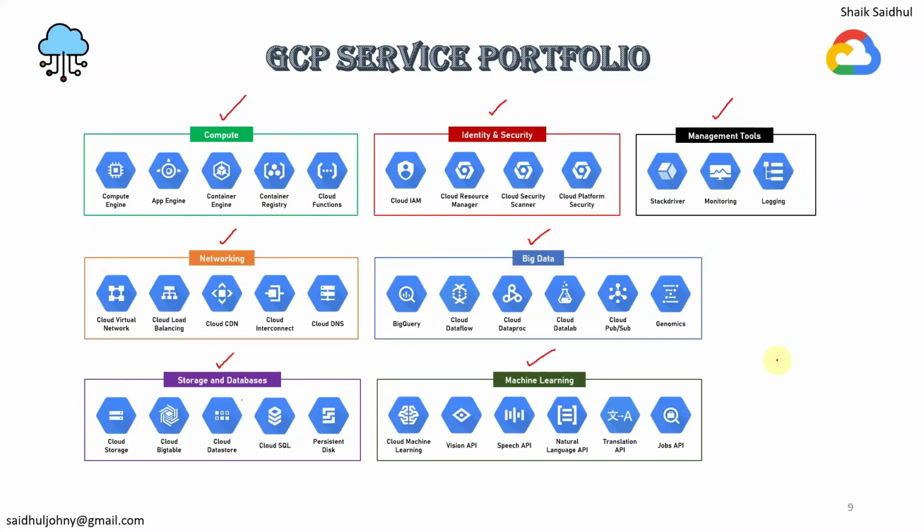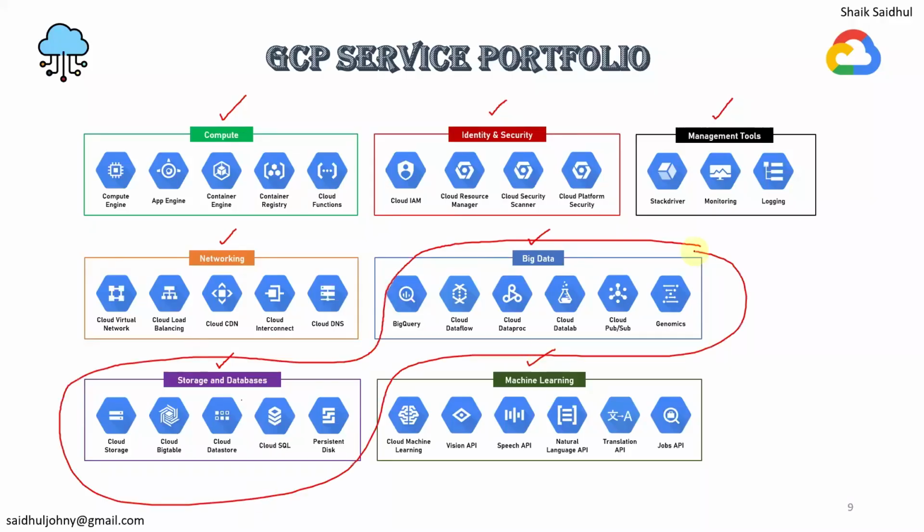So it is going to be offering you this many set of services, guys. As a data engineer, we are going to focus on big data and storage and database services, because we are a data engineer or a big data engineer. We are going to focus on big data and storage and database services as a part of becoming a GCP data engineer.